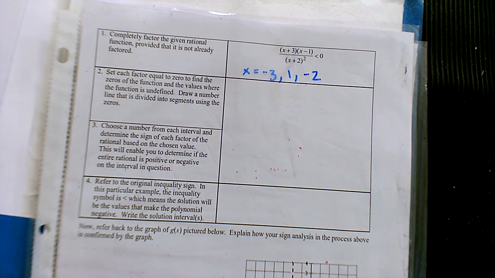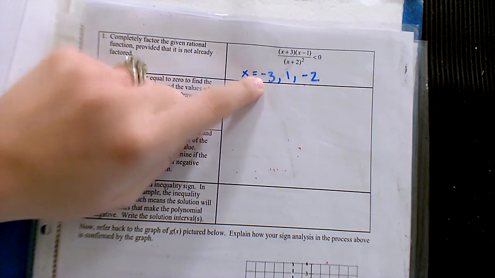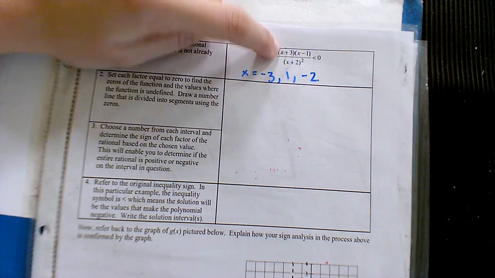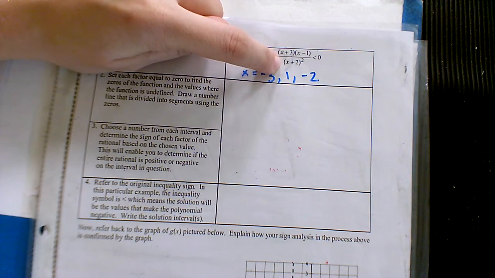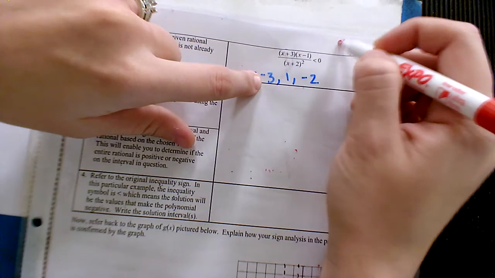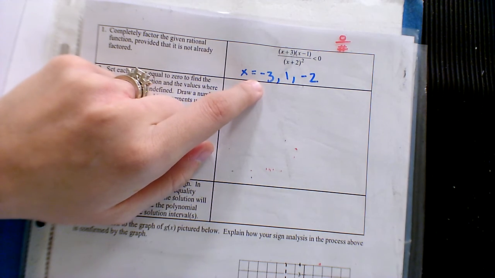Okay, if these are special numbers, they're either a vertical asymptote, a hole, or an x-intercept. Can we go through and label what each one of those is? It looks like -3 makes the top 0, but not the bottom. So if this is going to give you 0 over a number, what's going on at -3?